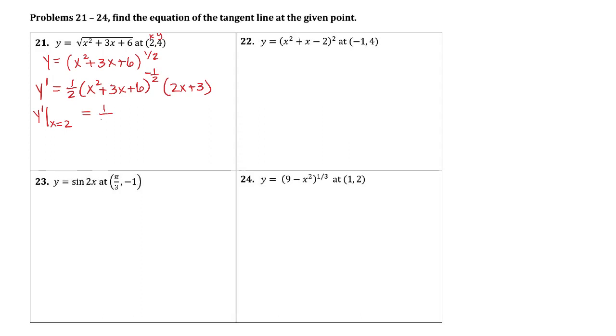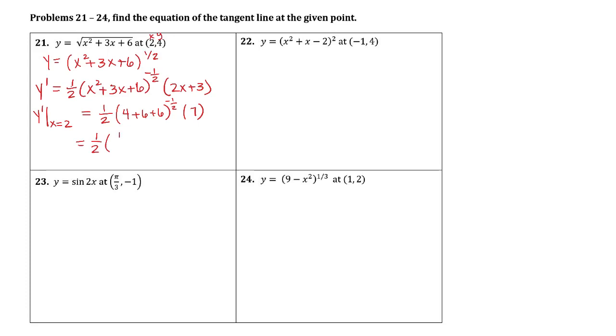So we're going to have 1/2 times, well, 2 squared, we're going to have 4 plus 6 plus 6 raised to the negative 1/2 times 4 plus 3, which is 7. So for this, let's see what value we get here. We have 6 plus 6, that's going to give me 12, and 4 is 16. So we have 1/2 times 16 to the negative 1/2.